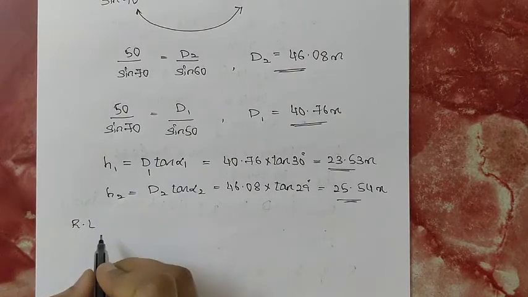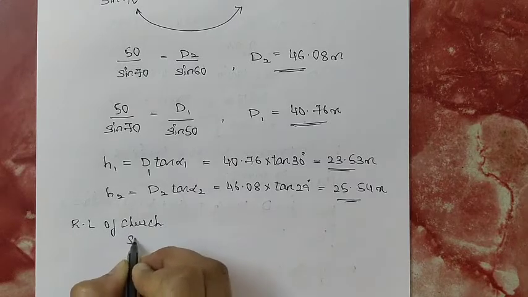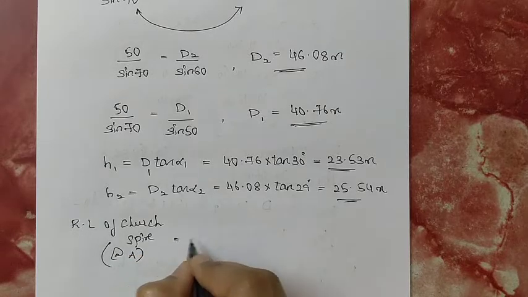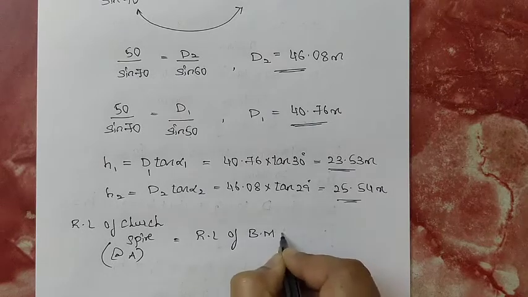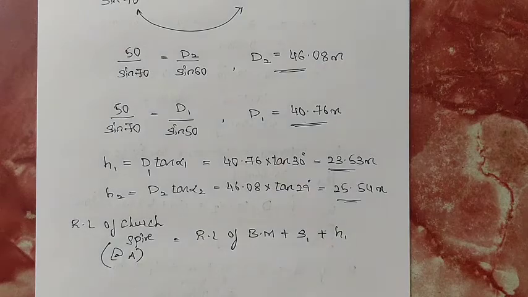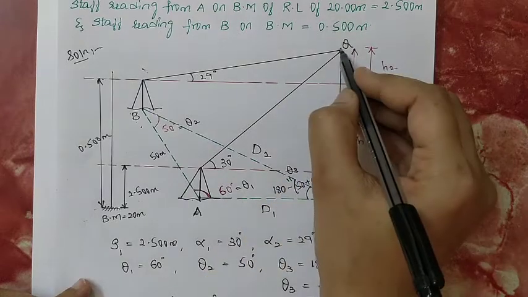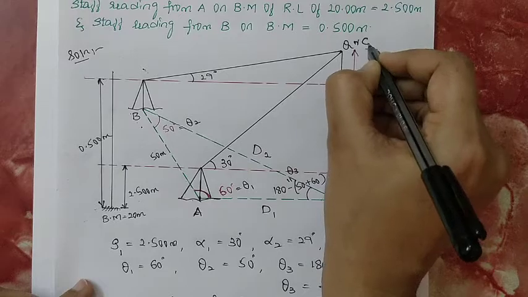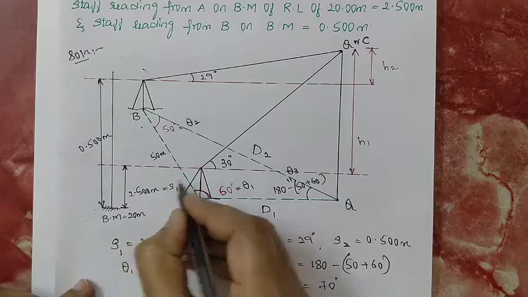Then you need to calculate the RL of the church spire. When the instrument is at A, the RL of the church spire will be equal to the RL of benchmark plus S1 plus H1. You can observe here, when the instrument station is at A, in order to calculate the RL of the church spire, you can denote it as Q or C, that is RL of benchmark plus S1 plus H1.